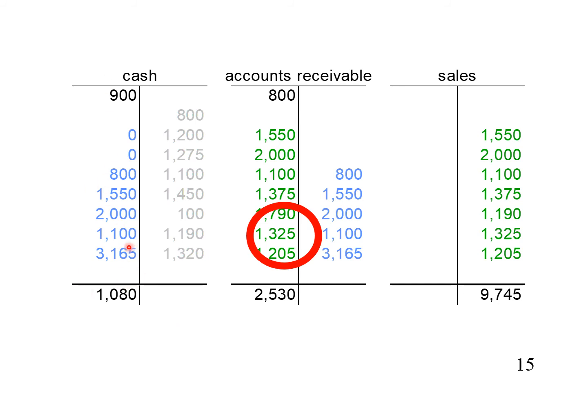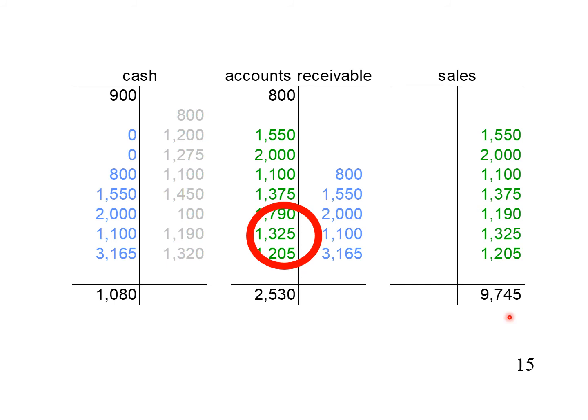Now, if I know my cash receipts and I know the ending balance in accounts receivable is correct, I can estimate what my maximum sales were for the period, because I always remember that cash equals beginning accounts receivable plus sales minus ending accounts receivable.